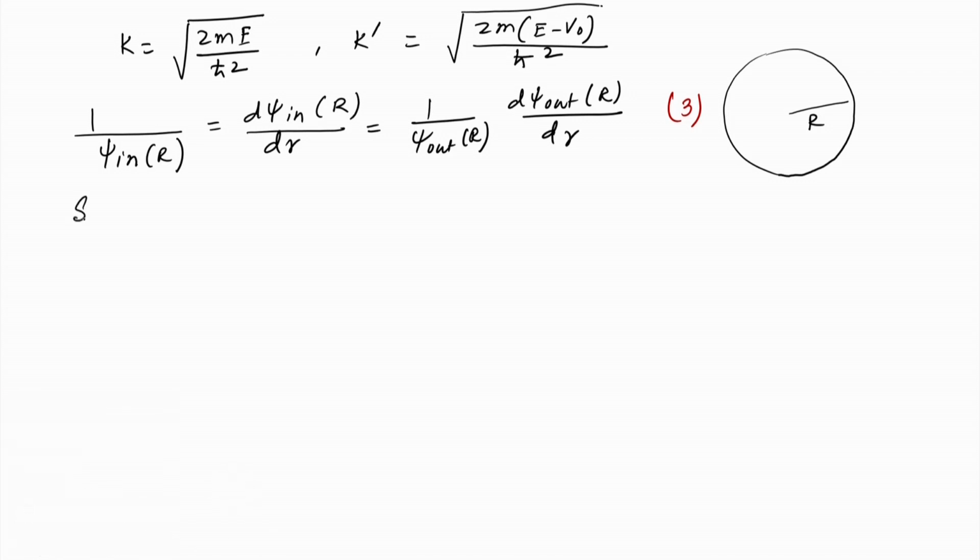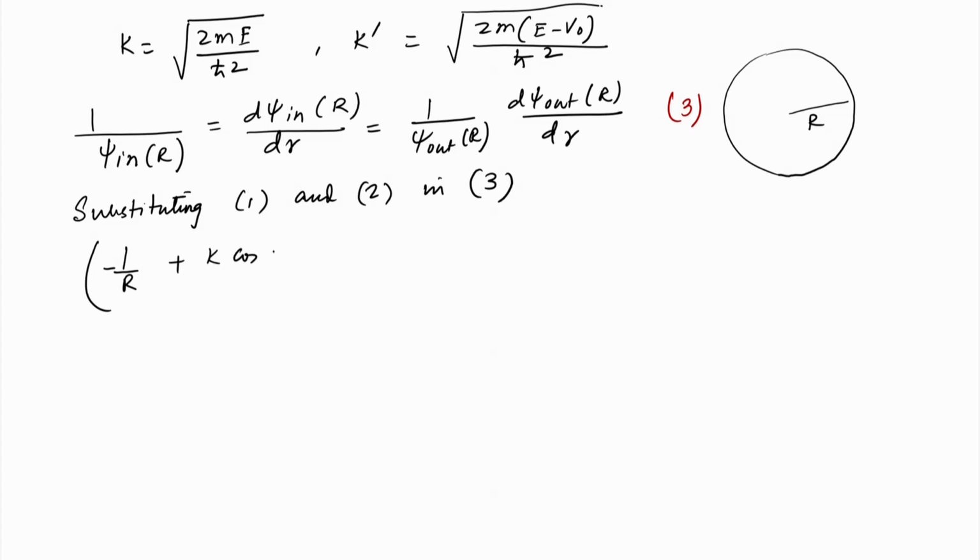So, substituting 1 and 2 in 3, then we have 1 over r with a minus sign plus k cos k r, equal to minus 1 plus k prime r by r.